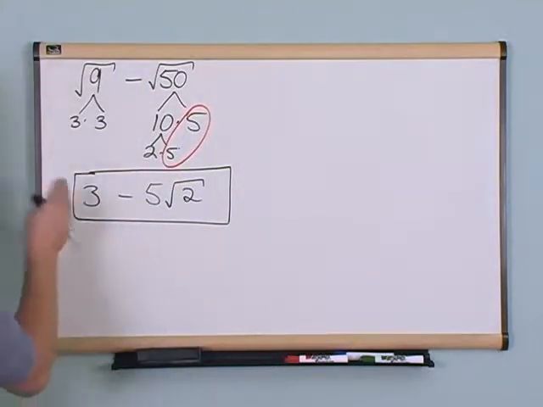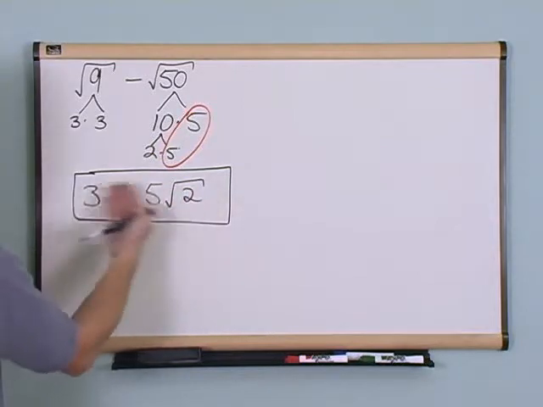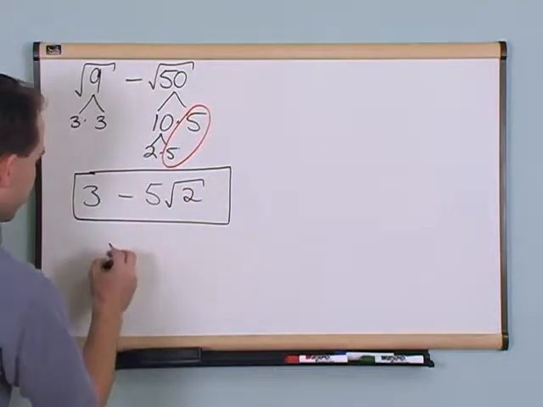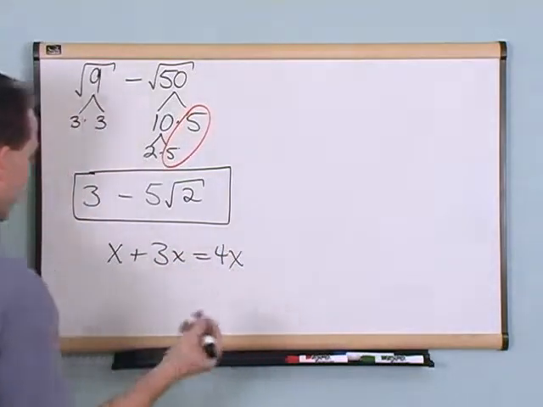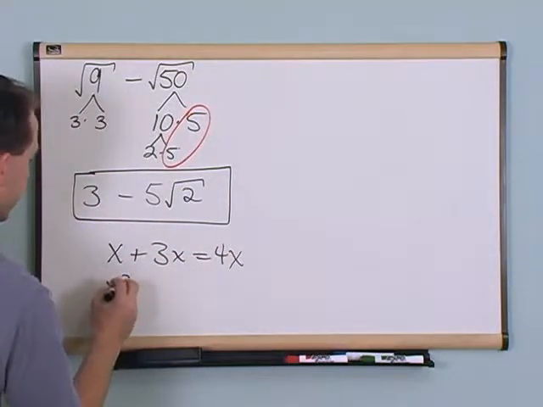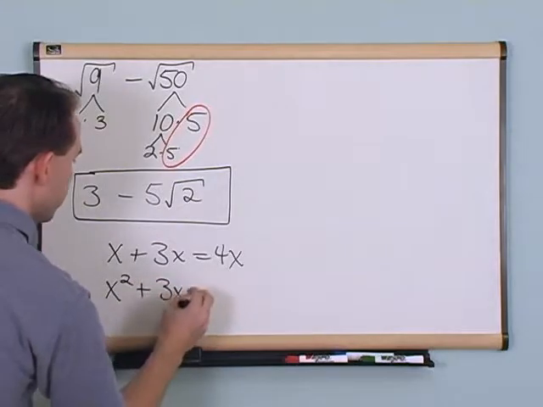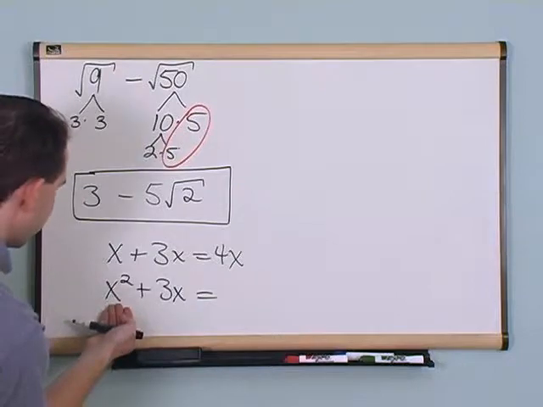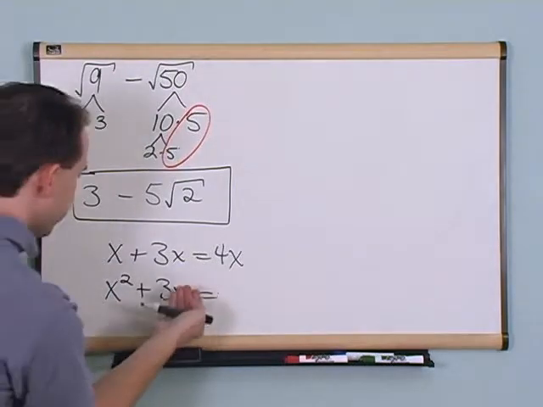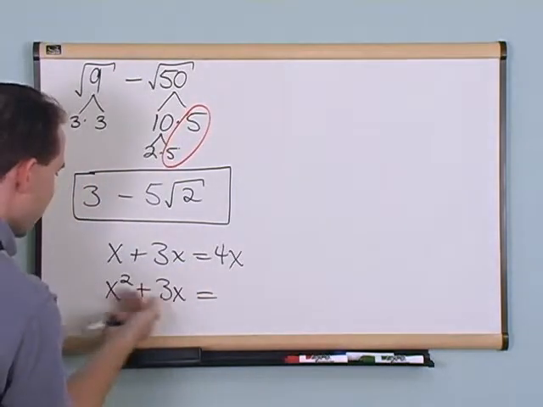anymore. In order to add or subtract radicals, you have to have a common radical in there. It's just like you know x plus 3x is 4x, okay? But if you have x squared plus 3x, well, what's that equal to? Well, you can't do anything here because x squared is a term, 3x is a term, and there's no commonality in x here.